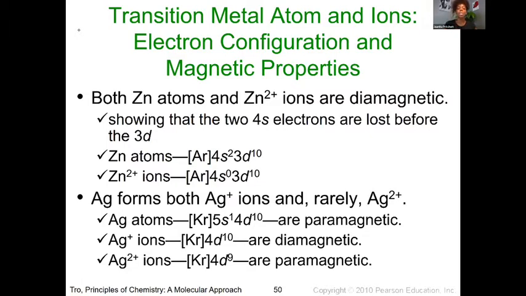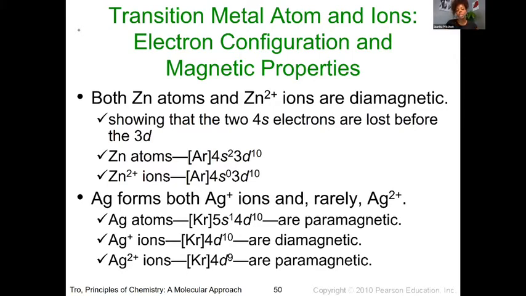And in the ion example, although our S sublevel is empty, it doesn't create any unpaired spins. So both the ion and the neutral species have no unpaired spins, and so they would be diamagnetic. They would not be attracted to the magnetic field.